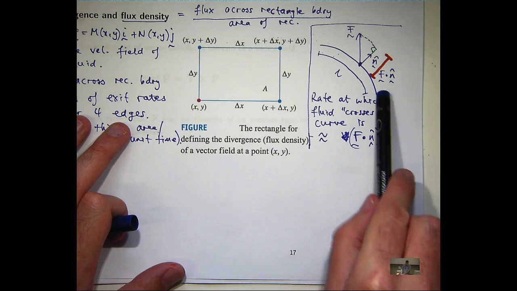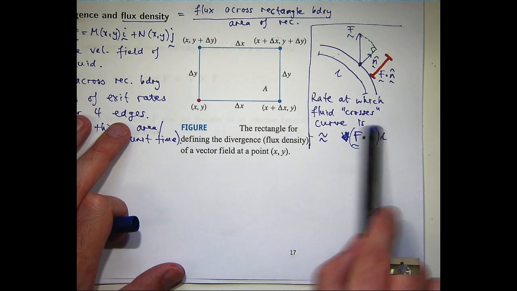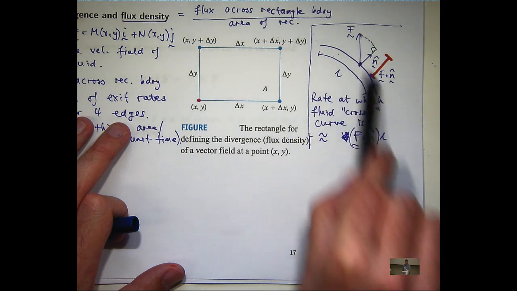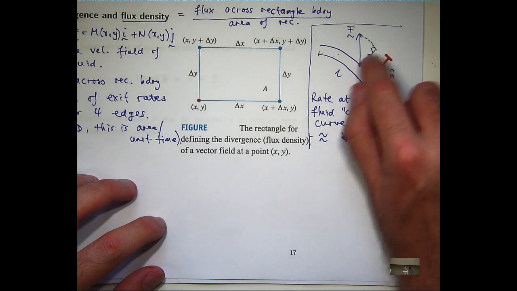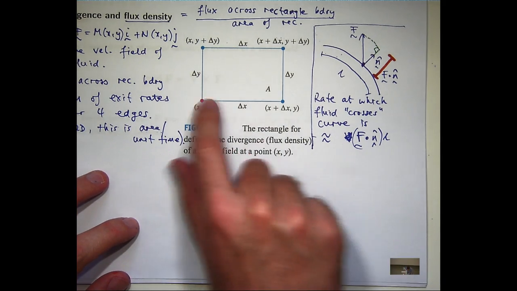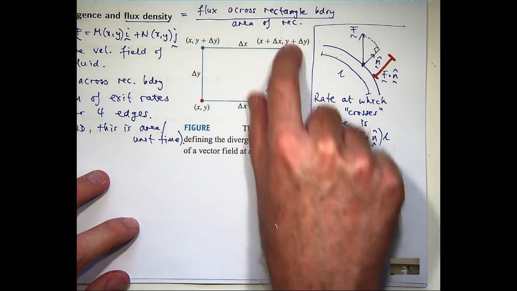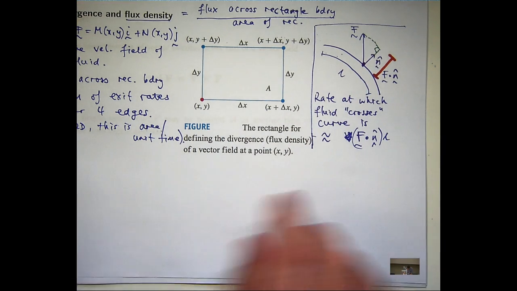I've just chosen a sample point there, somewhere on the curve. The important thing there is you need a unit normal vector. Now what we're going to do is look at the flow or exit rates over each of these curves using the idea of this unit normal vector, the length of the curve and the sample point.